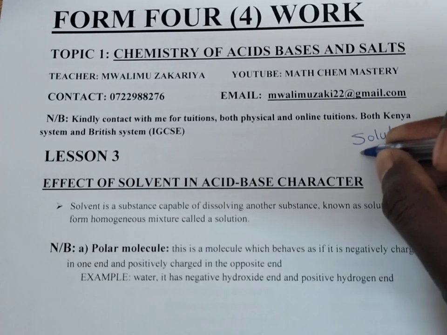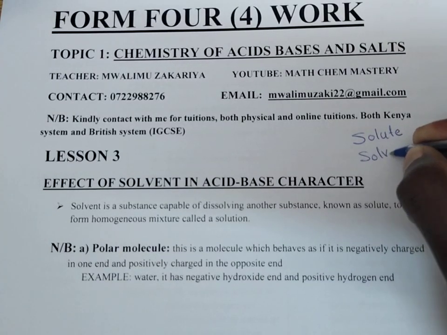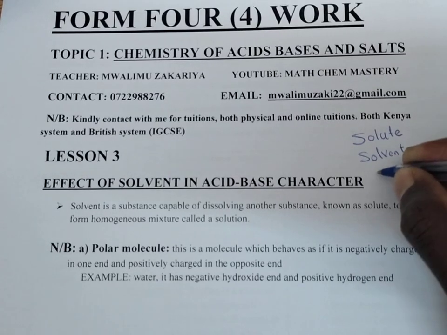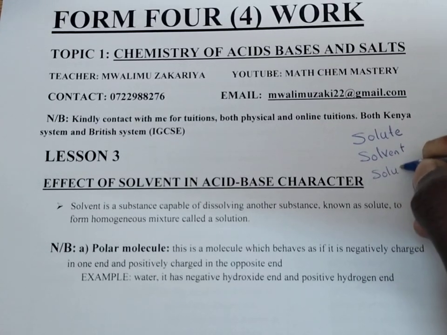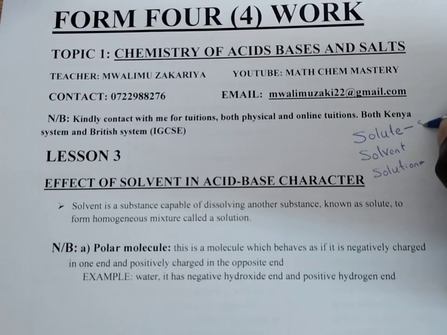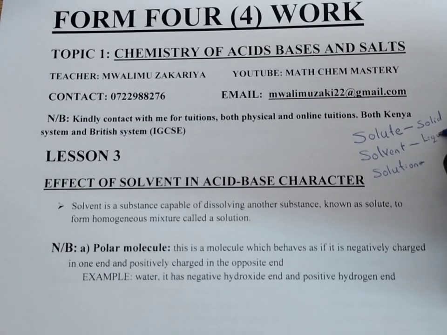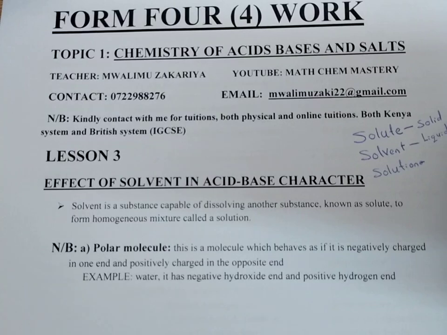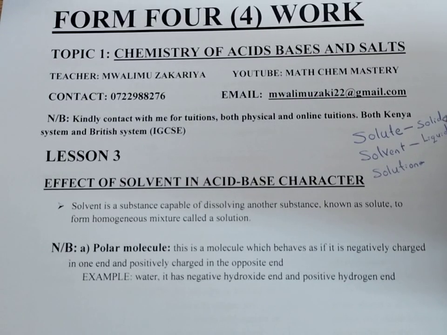Second, we have the solvent. And third, we have the solution. The solute is the solid substance. The solvent is the liquid substance that dissolves the solute, meaning the liquid that dissolves the solid.